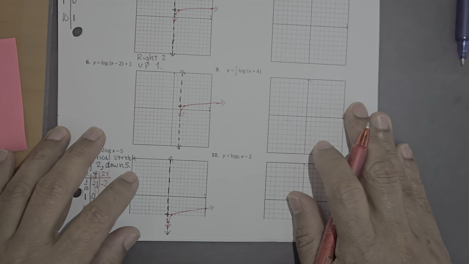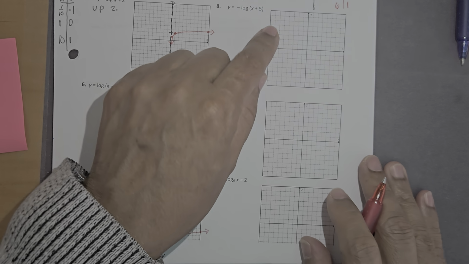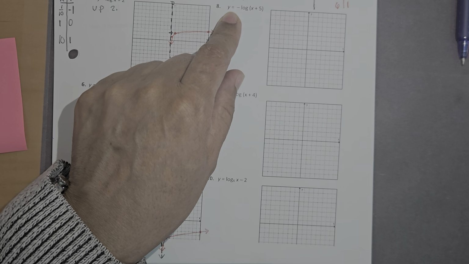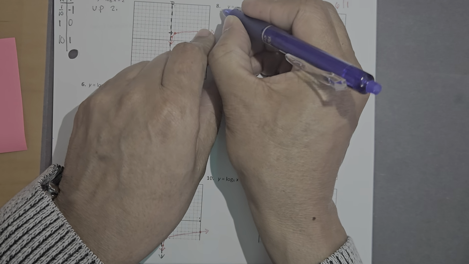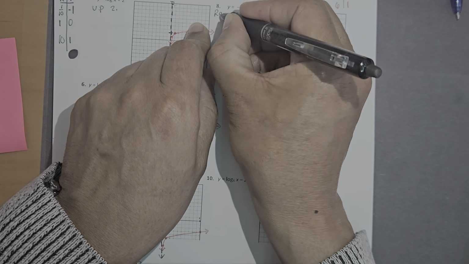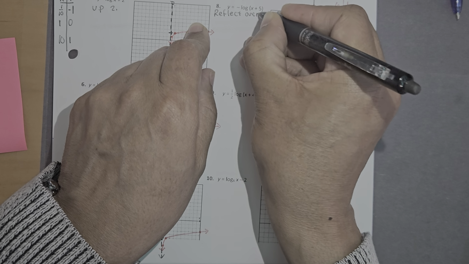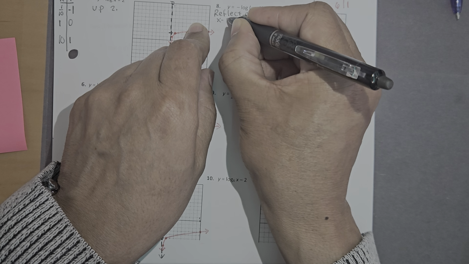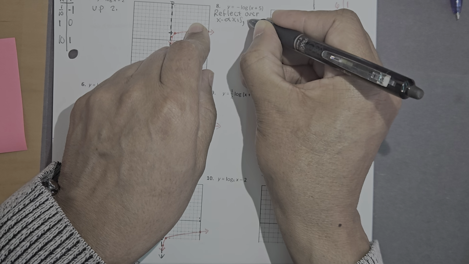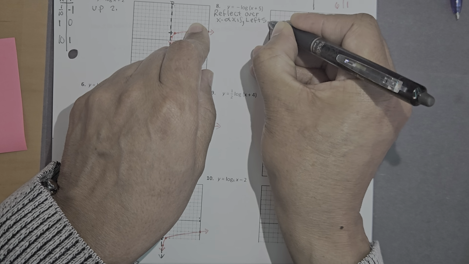Let's go on to example number 8. Okay, so for number 8, I have a negative in front of the log. So that means a is negative 1. So this will create a reflection. So the graph gets reflected over the x-axis. And then that plus 5 translates the graph left 5 units.